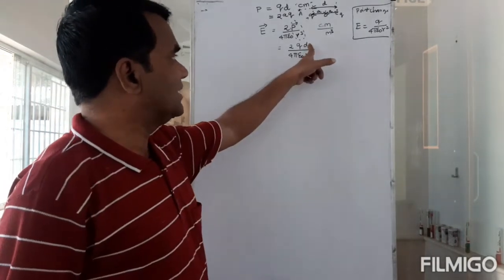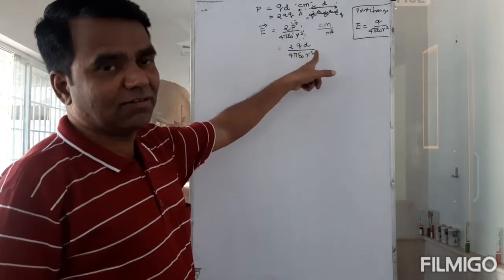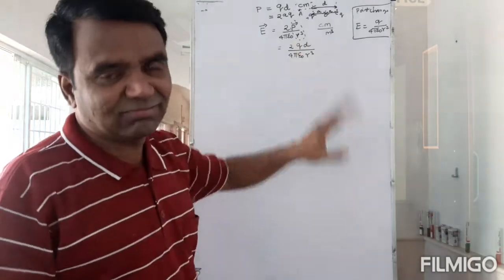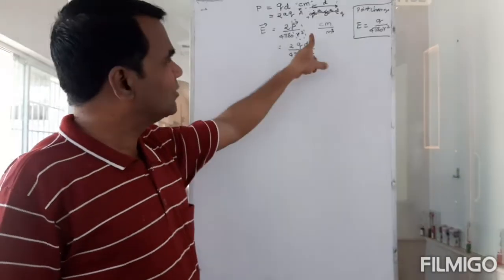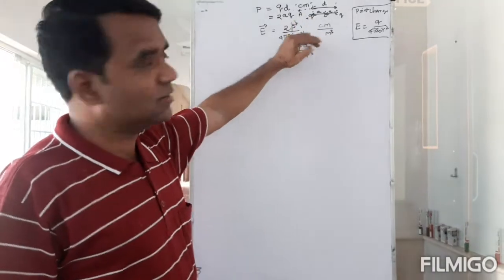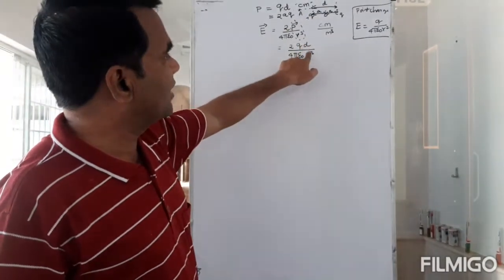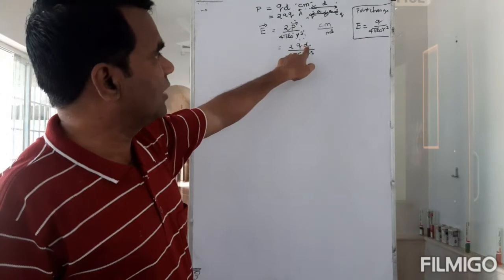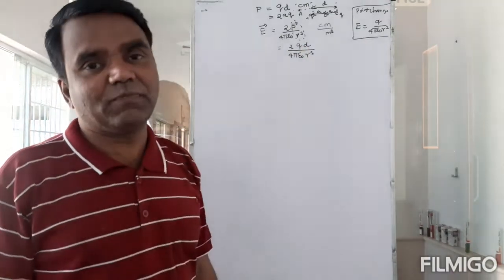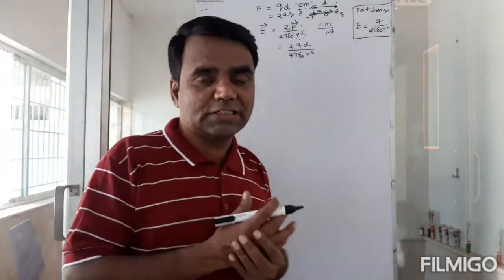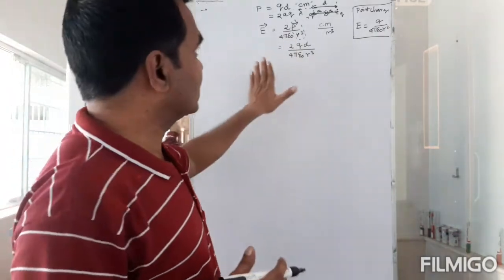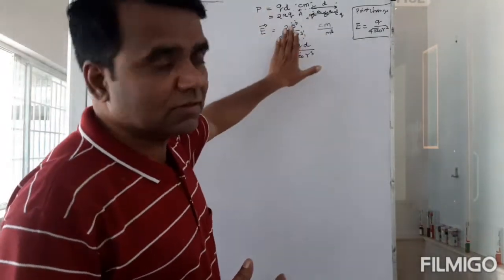So you have d and r here, d by r, but not r by r. You won't exactly cancel. It's a small value, it's a big value, but only the units get cancelled. So that is how we can explain this.